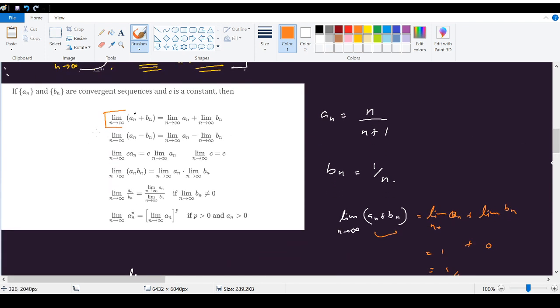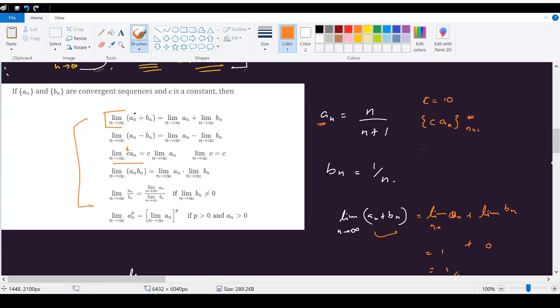And we have these relationships, right? You can manipulate the sequences in whatever way you want. Even for this one, here C represents a constant. So for example, if we consider C as 10, and if we consider this sequence C times an, it forms a different sequence, right?